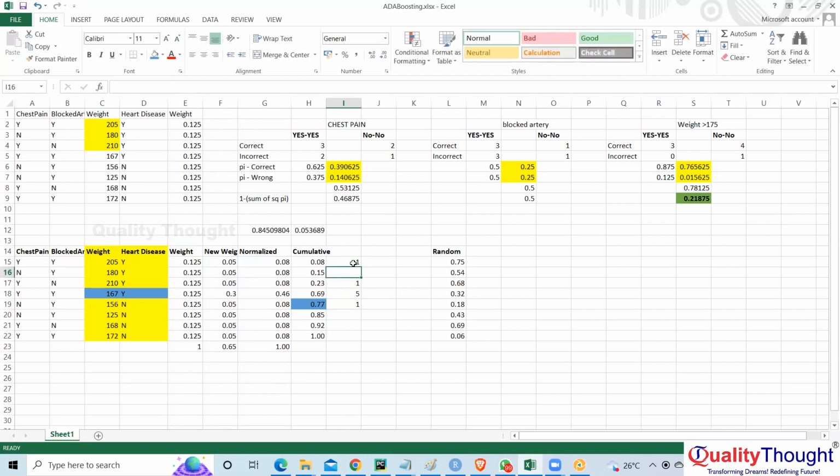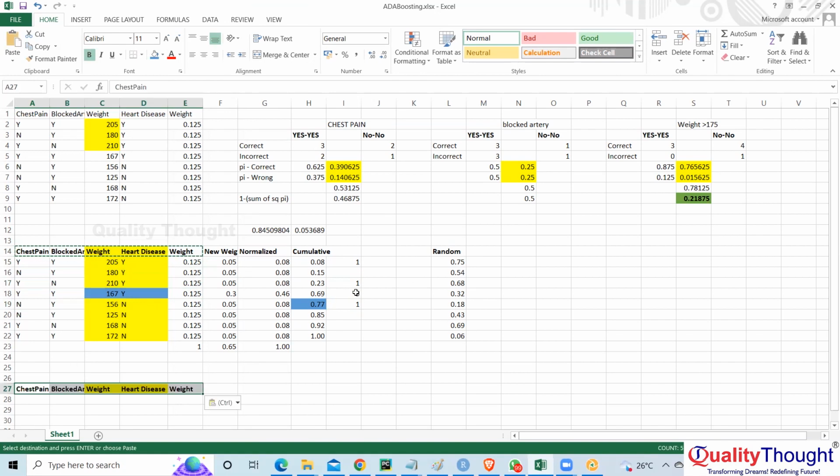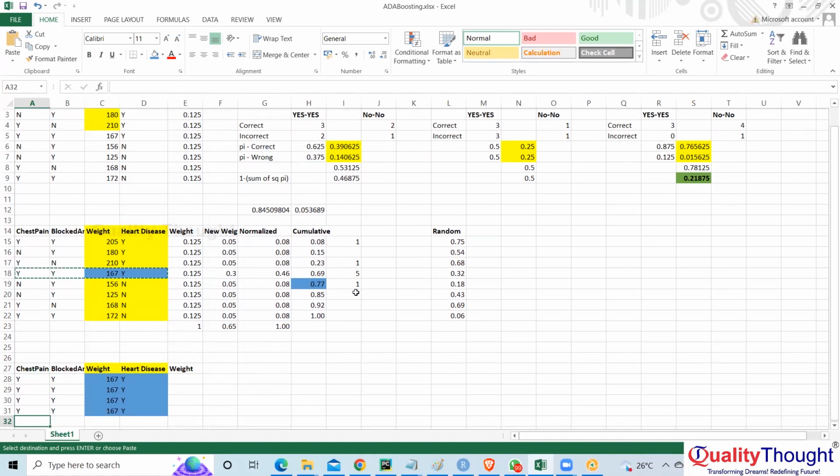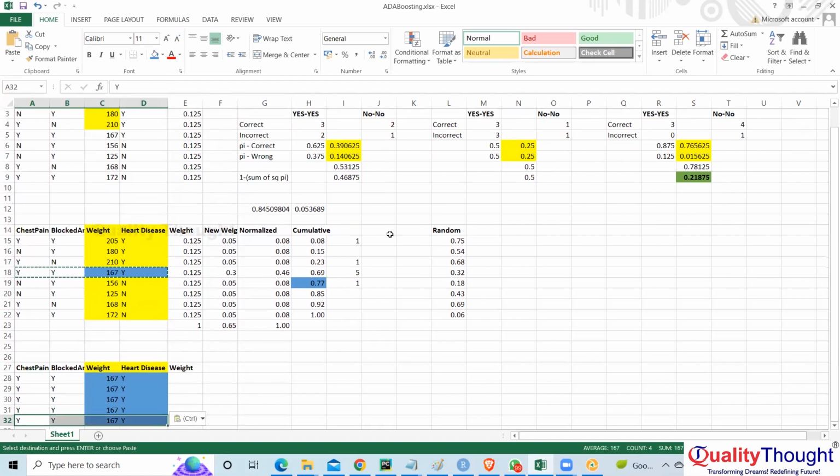Now when you create this, this is 5 times, isn't it? So this data, let's hide, we'll create this. This row will be taken 5 times: 1, 2, 3, 4, 5. This is being taken 1 time.